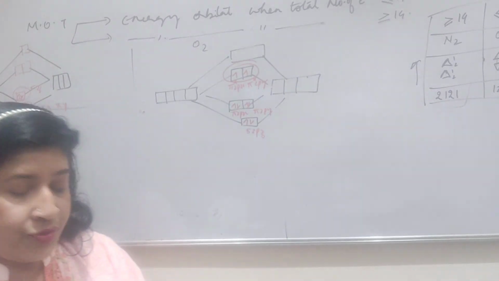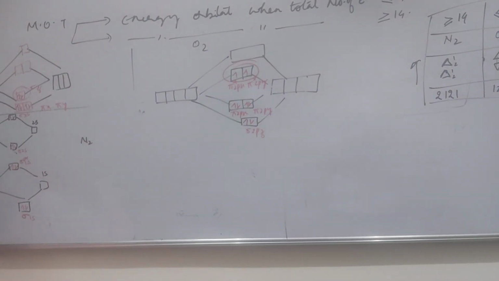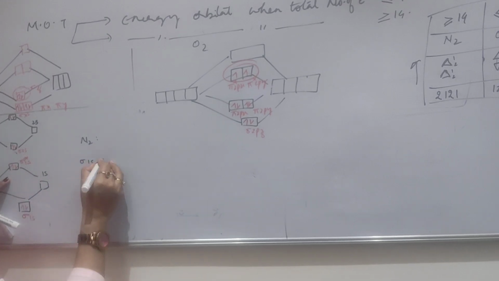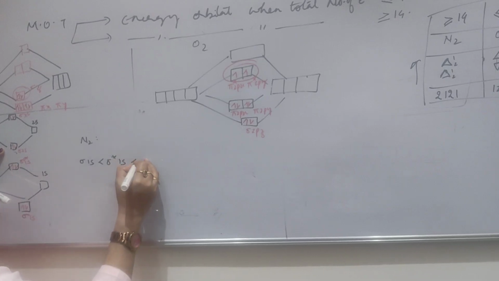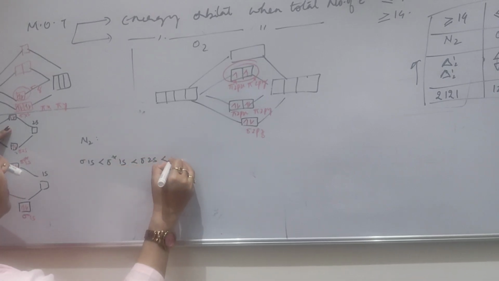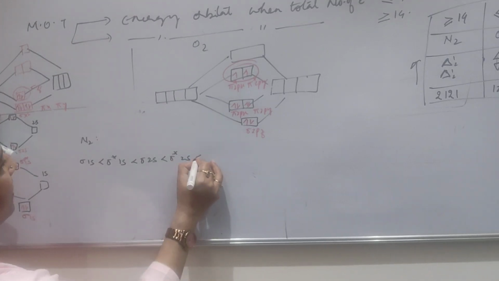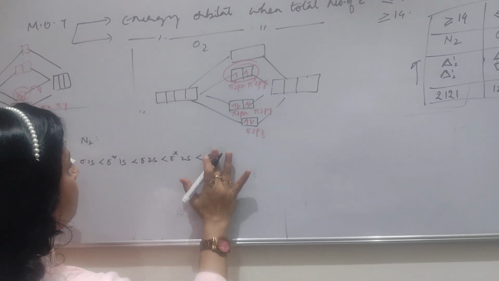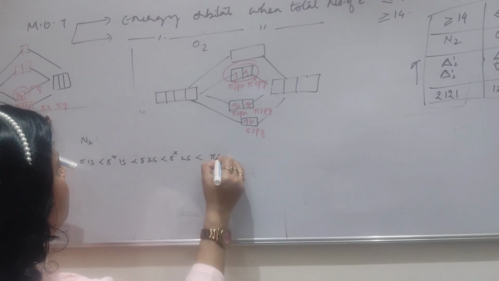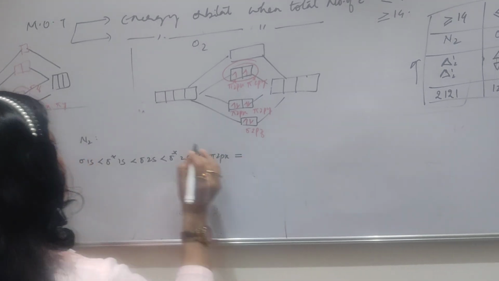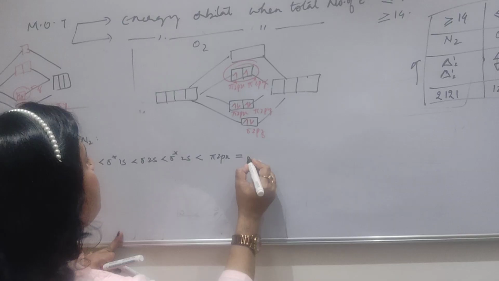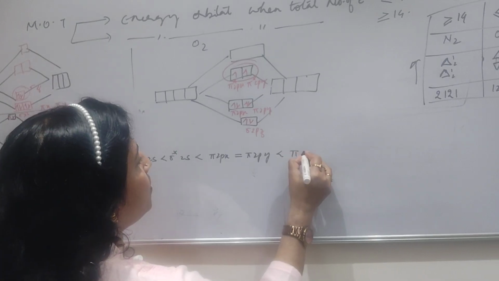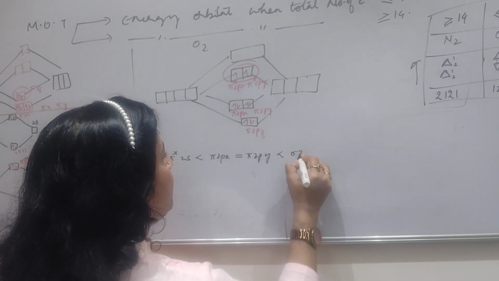Now, for the nitrogen molecule, the electronic configuration will be sigma 1s, which is less than sigma star 1s, which is less than sigma 2s, which is less than sigma star 2s, which is less than pi 2px, which is equal to, they are of the same symmetry, that's why, pi 2py, which is less than, sorry, sigma 2pz.